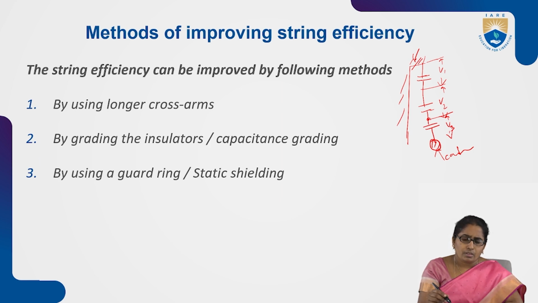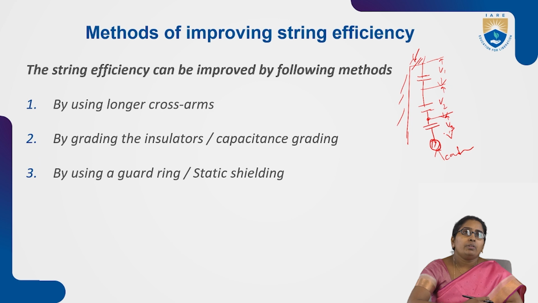We know how the efficiency is defined: the total voltage divided by the number of units times the voltage across the unit nearest to the conductor. Under this, there are 3 methods.